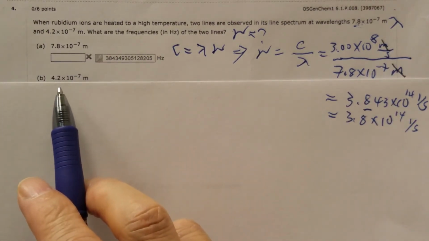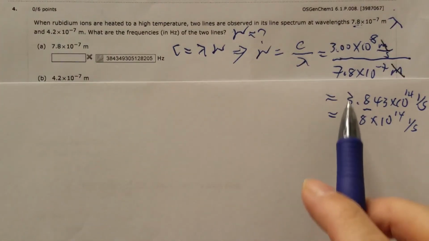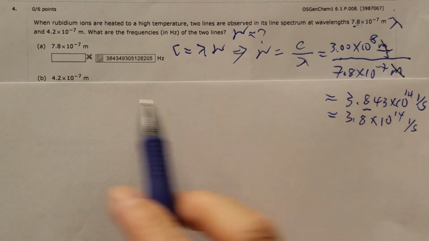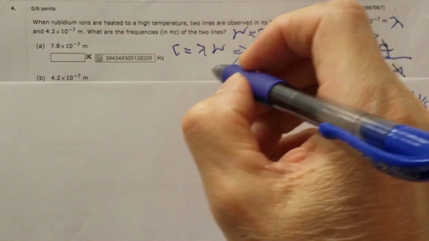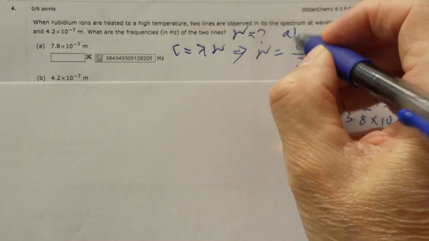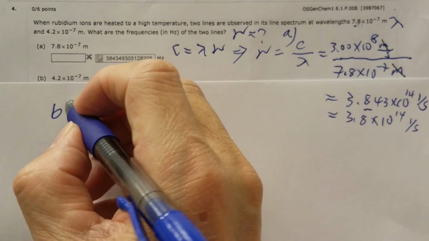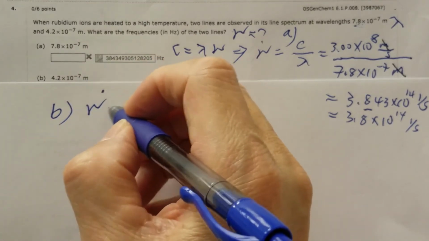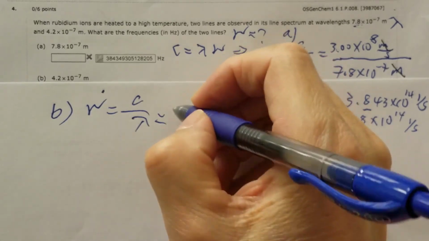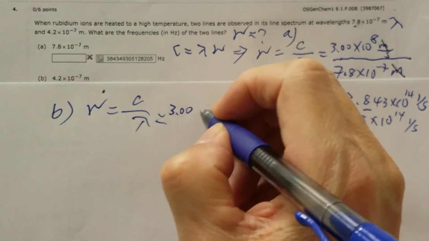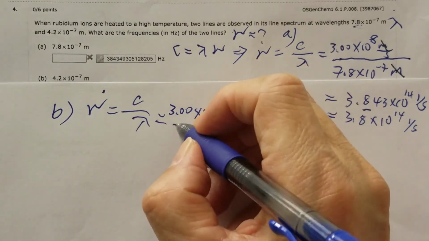Okay, and now B, you just do the same thing. Instead of using this wavelength, you just use this wavelength. All right, so let's do that. This one is A, and now let's work on B. I'll put that right here. Nu equals C over lambda, meter over second.